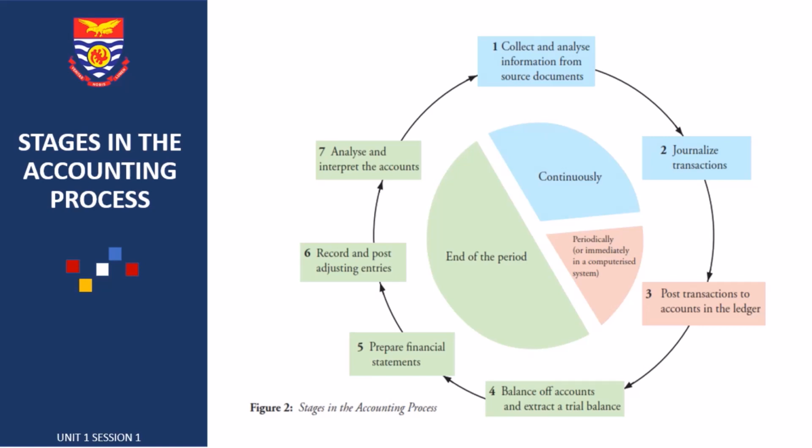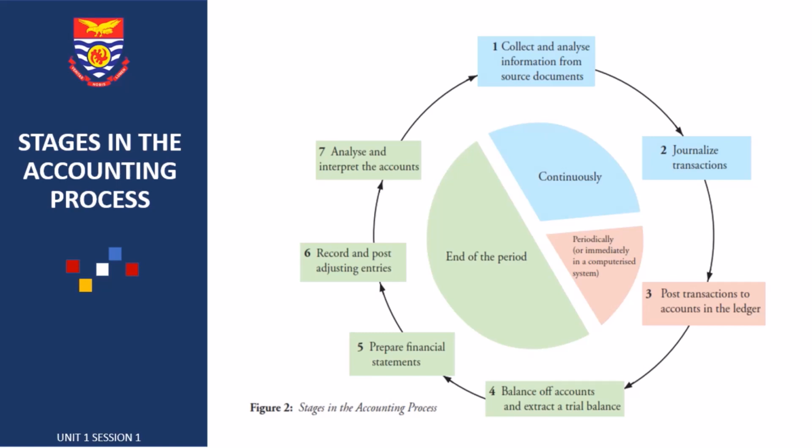The next stages, from stage 4 to stage 7, can be described as end of period activities. Stage 4 looks at balancing of the accounts and extracting a trial balance. The account at the end of each month will be balanced and the balance standing on the account will be recorded in the trial balance.